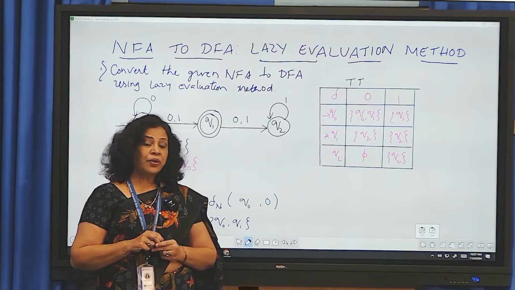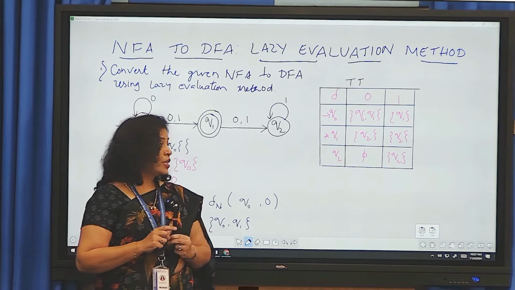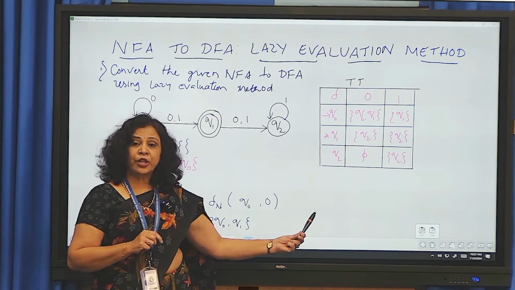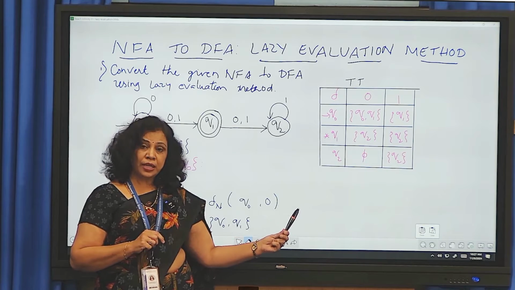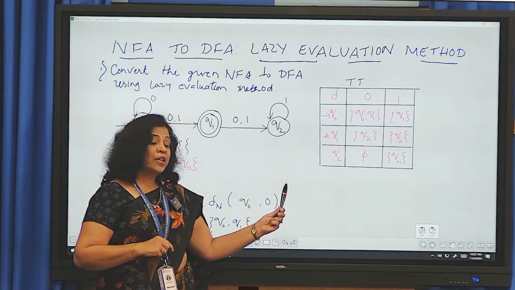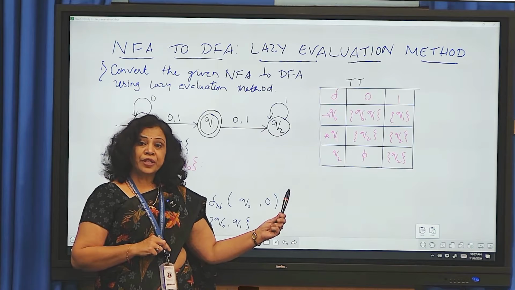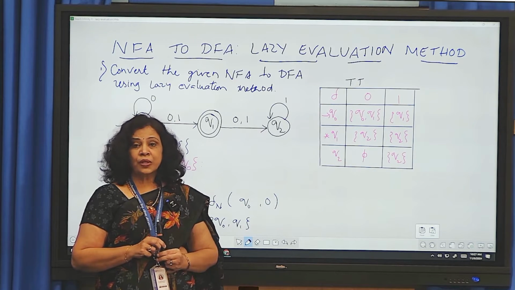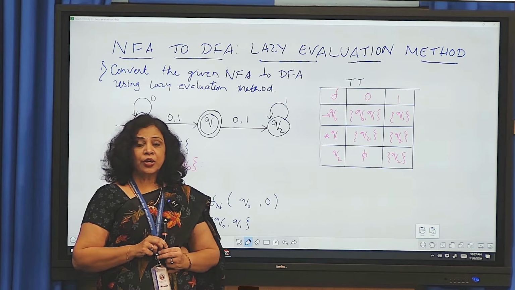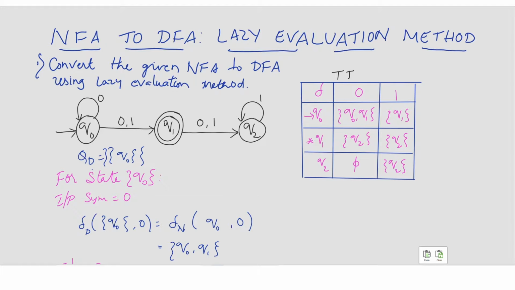We will make a transition table, and as and when we do the new transitions, we will go on adding the entries to the transition table. Once we are done with all the states, we draw the transition diagram. So that is the procedure to convert NFA to DFA.